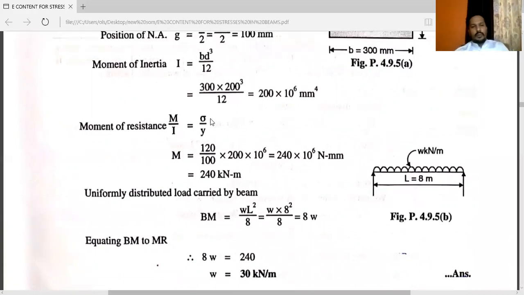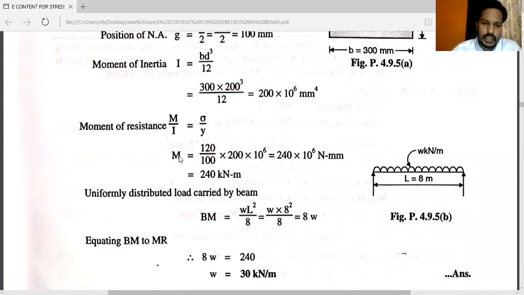Now the next formula, we know the flexural formula. From the flexural formula, you can see M by I is equal to sigma upon y. Here we have to calculate the moment of resistance, that is M, because we already have the value of I, sigma, and we have the value of y also. Y is the extreme fiber distance from the neutral axis.